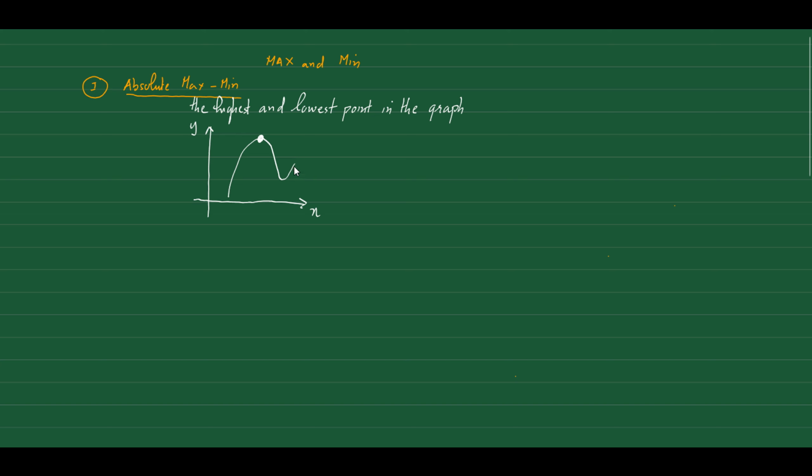This one stops and this one starts over here, but you see the highest point is this one. We're gonna locate the coordinate of this point when I give you an example, but this one will be the absolute maximum. And you see the lowest point will be this one right here.